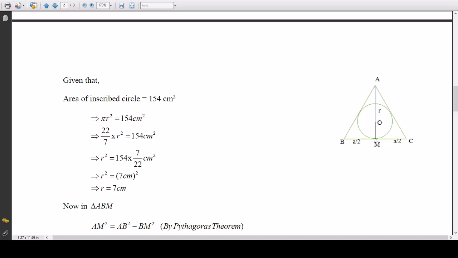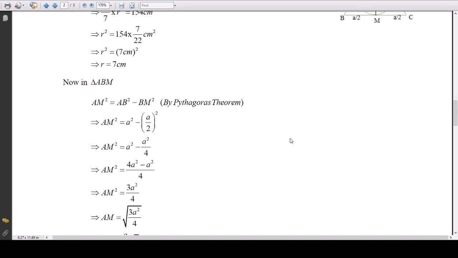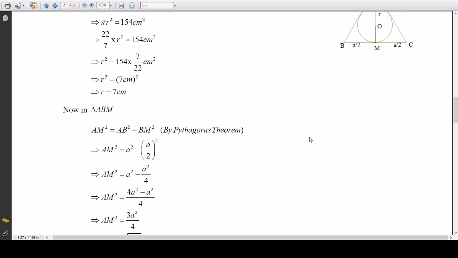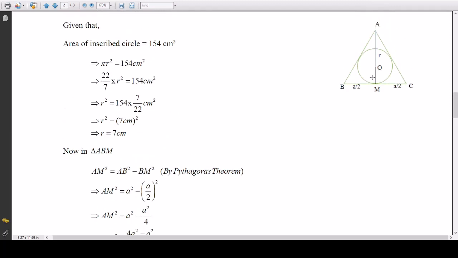AM will bisect the opposite side. That is, O is the centroid of this triangle ABC. AO passes through O, and this AM will bisect the opposite side.